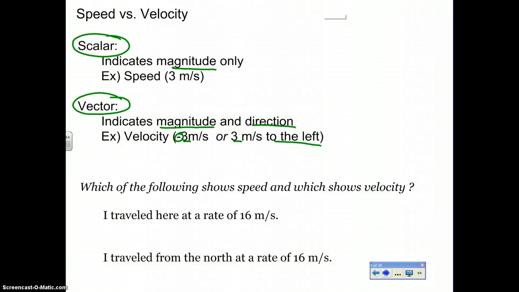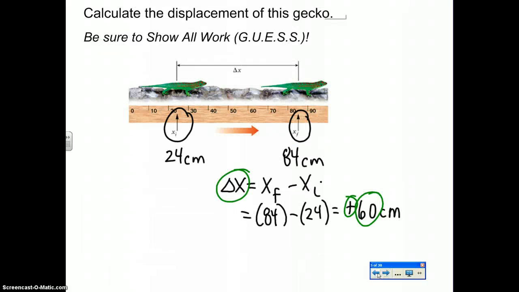Imagine that this gecko returned to its starting point. That is, it traveled 60 centimeters to the right, stopped, and went back to the place it started. Its displacement would be 0 centimeters because its final position would be 24 and its initial position would be at 24 centimeters.